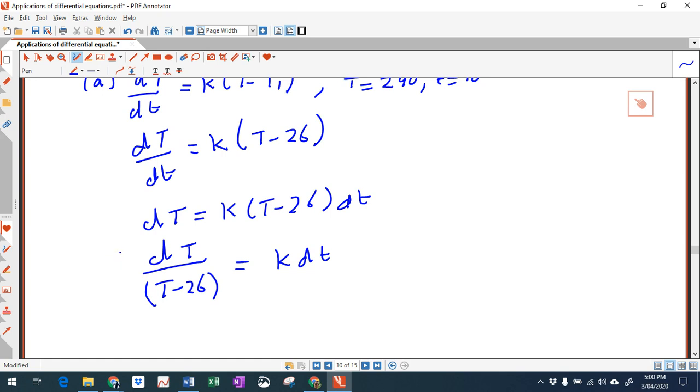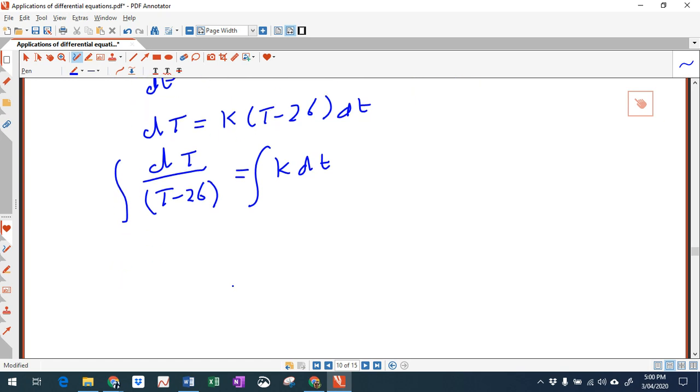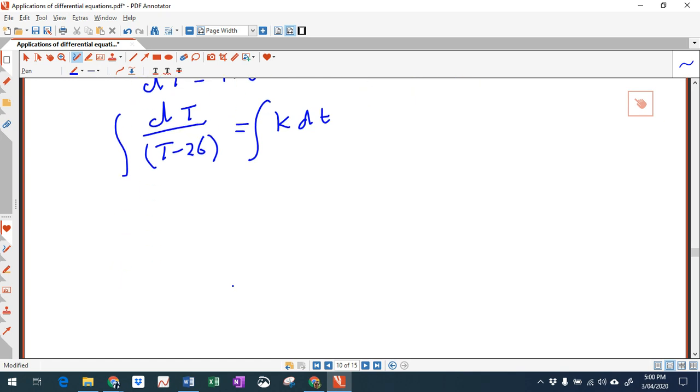The good thing is I can now integrate, put the integral signs in there. Think of this as 1 in the numerator. I'm going to get the log of the absolute value of T - 26 is equal to kt plus some constant c.